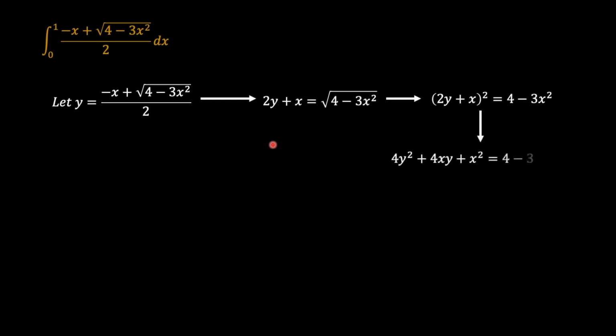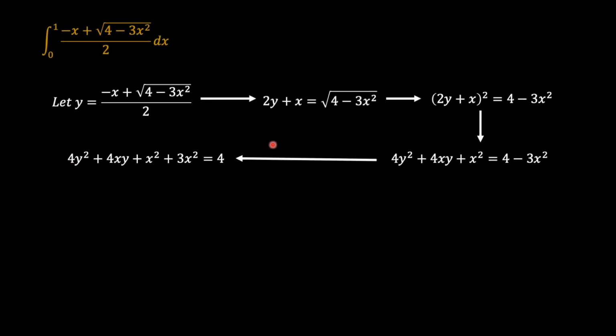And so expanding the 2y plus x squared, on the left-hand side we have 4y squared plus 4xy plus x squared, which equals 4 minus 3x squared on the right-hand side. And so when we add 3x squared on both sides, the negative 3x squared on the right-hand side disappears.